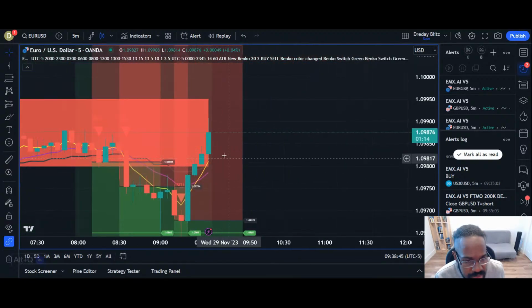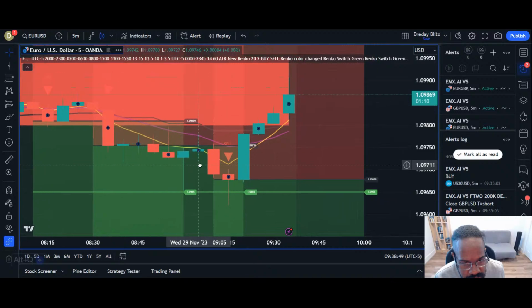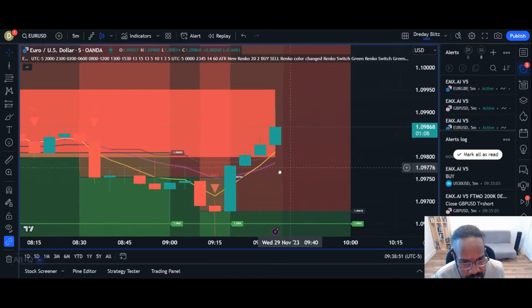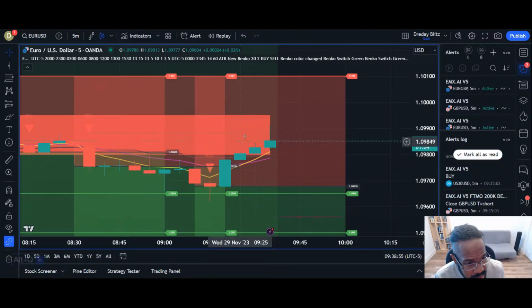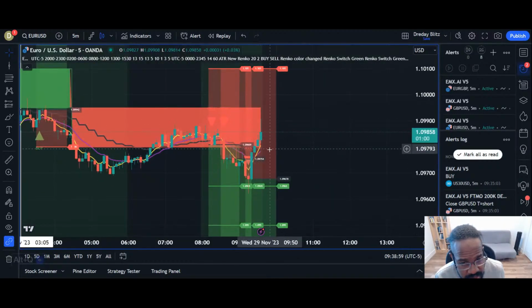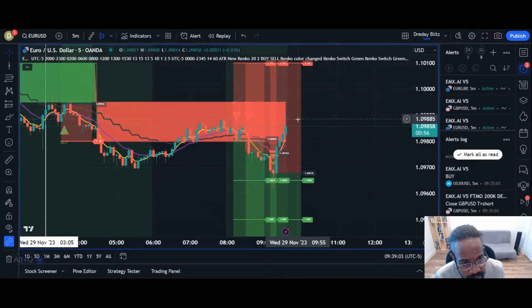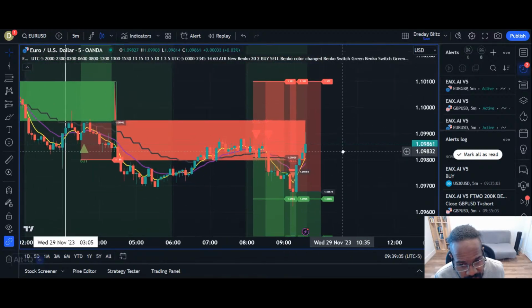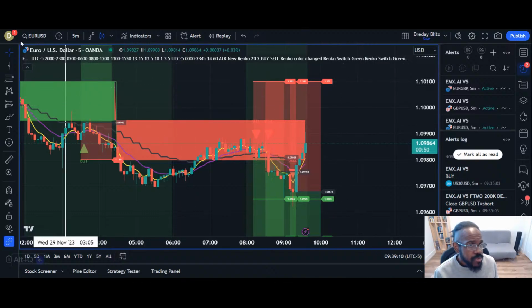Let's look at EUR/USD. It is still in a bearish movement here. It may start to reverse. Those are based off of the 1 hour Renko.